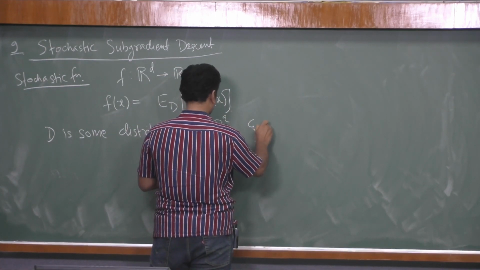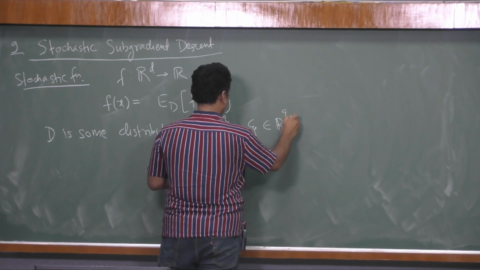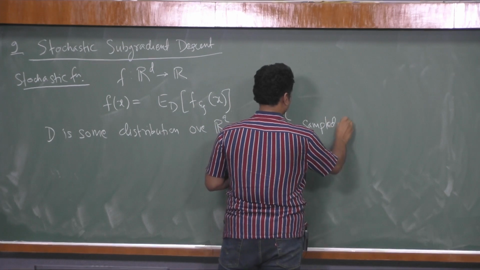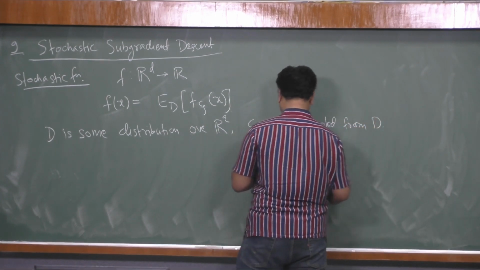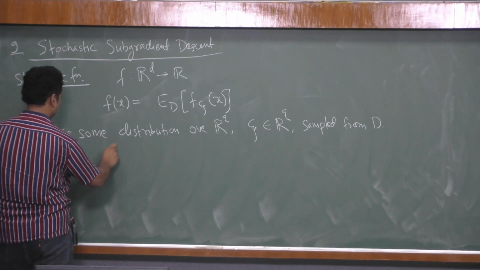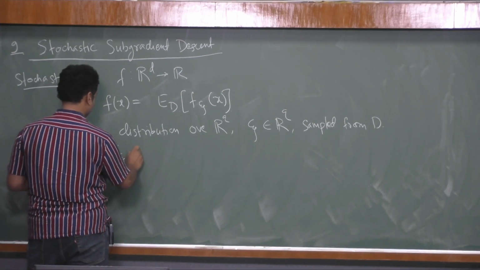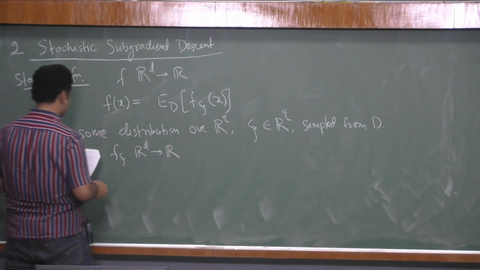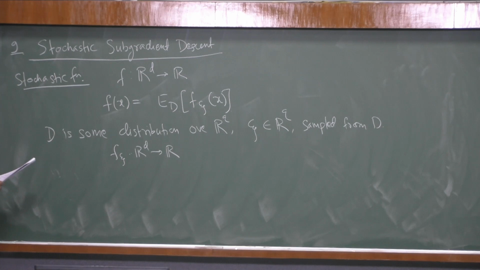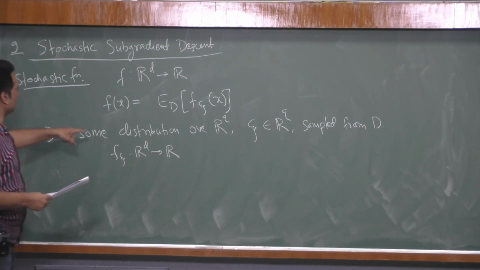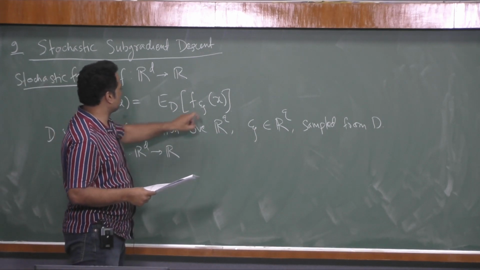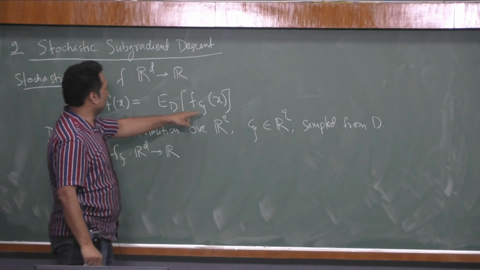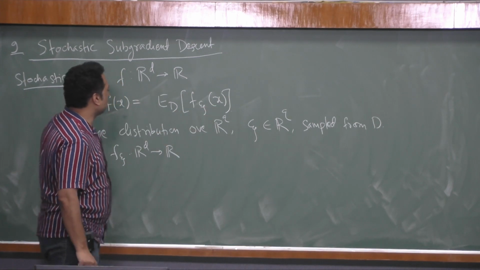Xi is a random variable in R^q, and it is sampled from the distribution D, and f_xi is from R^d to R. So this is the meaning of a stochastic function. This has some randomness basically. So it depends not only on x, but also on a random variable xi.